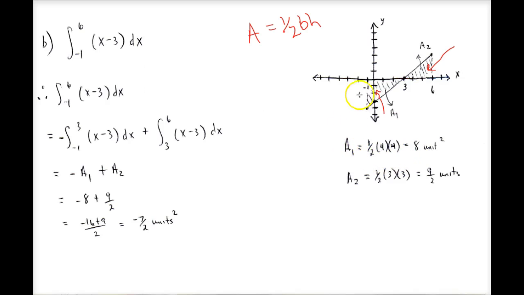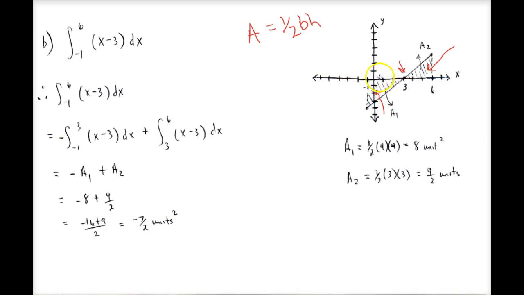So area 1 is just from x equals negative 1 to x equals 3, that right triangle. And we know that this right triangle is below the x-axis because the function y equals x minus 3 has an x-intercept at x equals 3. And thus that's where it crosses the x-axis. So we compute area A1, where we have 1/2.